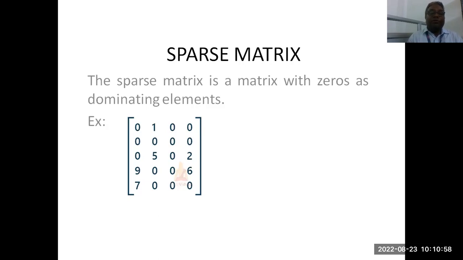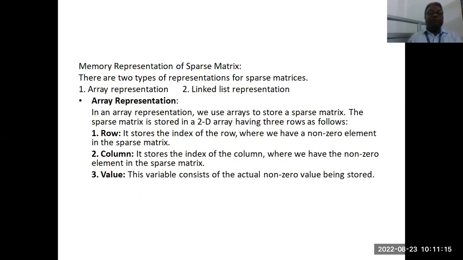To store this sparse matrix efficiently, we have two types of representations. One is the array representation and the other is the linked representation. Coming to the array representation, we store the row value, the column value, and the non-zero value. This matrix consists of 3 headings.